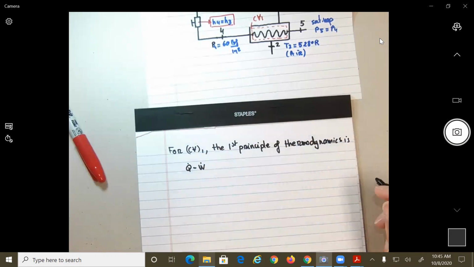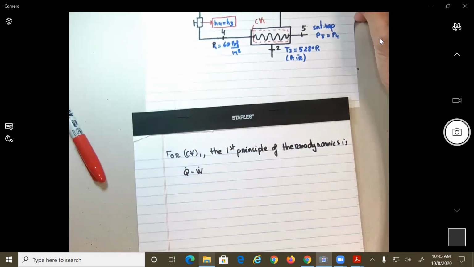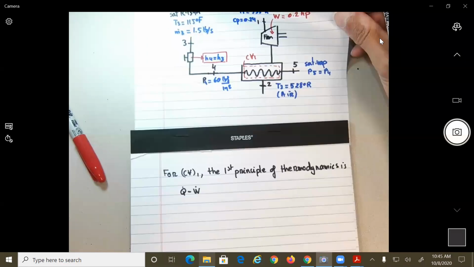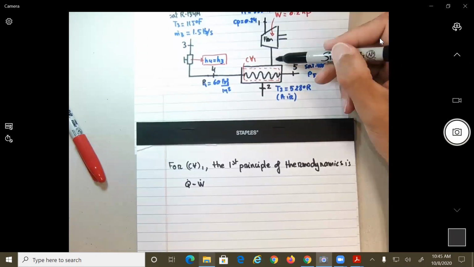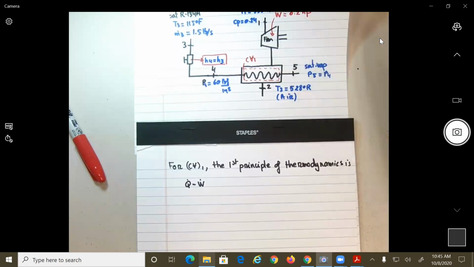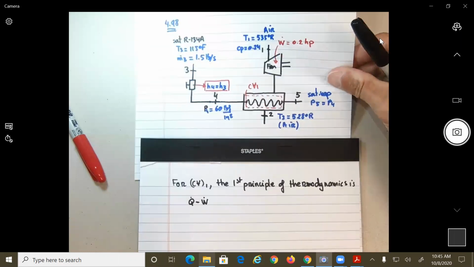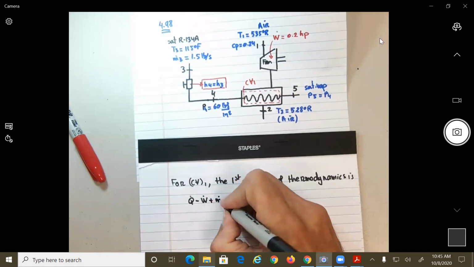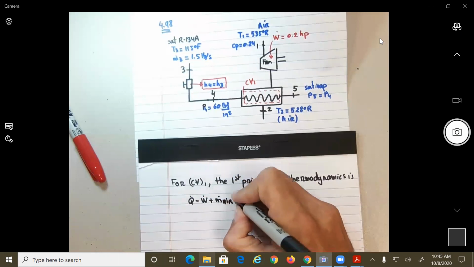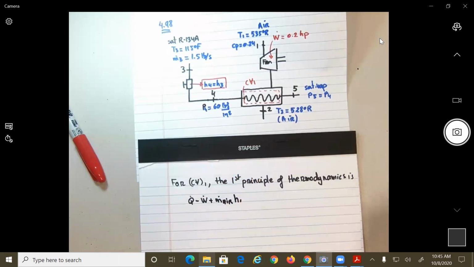Okay, now what is coming into this one? There is air coming in through the fan, no? You can say plus m dot 1, so m dot air, h1, and this is what we need to find, no?